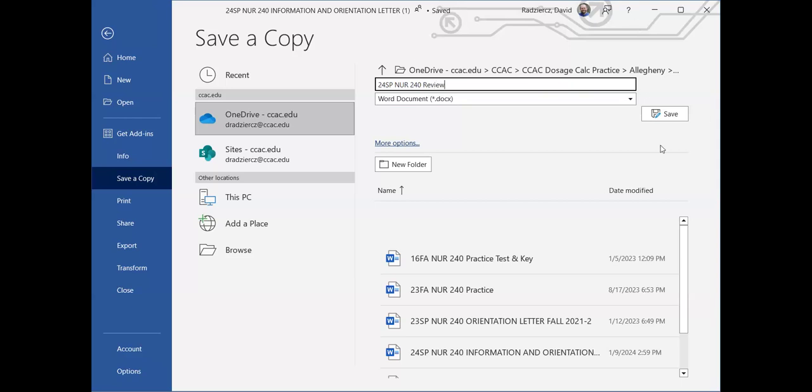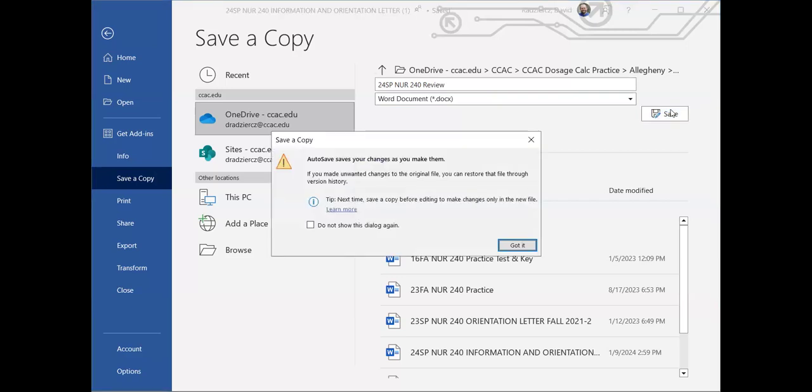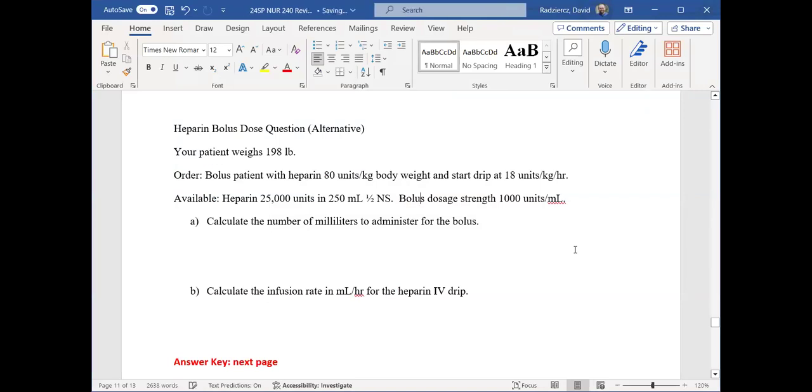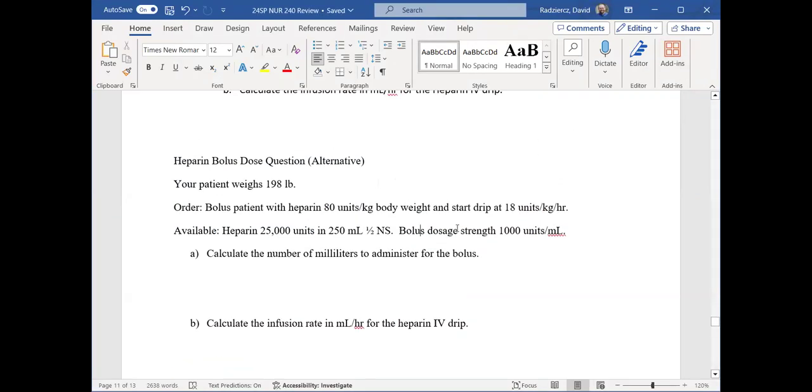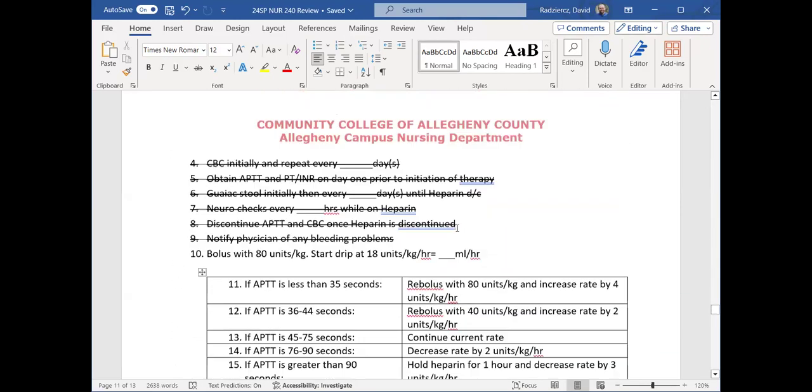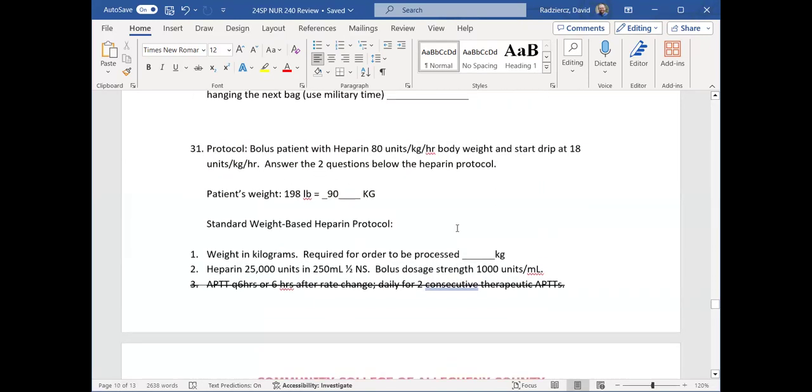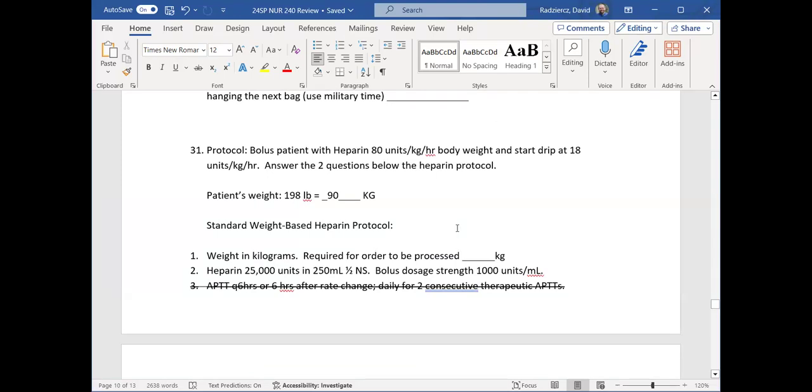I just turned it to 240 review. Hopefully it'll save it as that instead of what was previously written there. But anyways, this would be the simplified version of what's written in all of this. Okay, but we have this here.